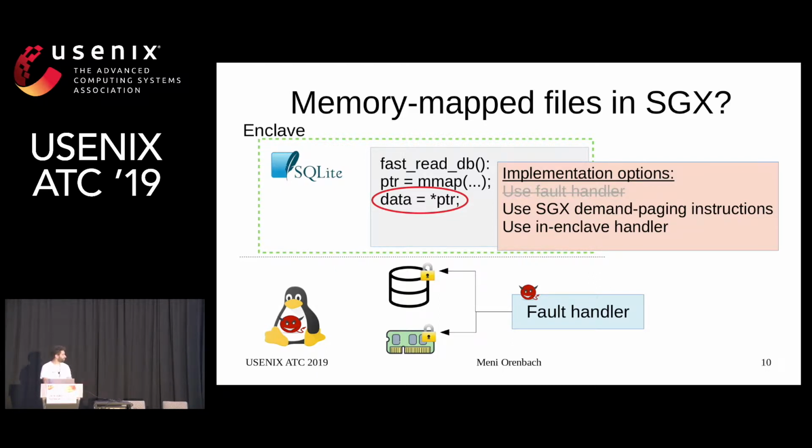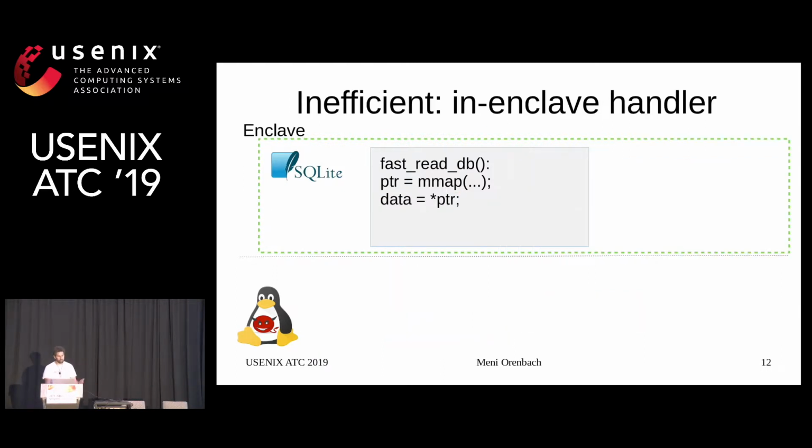We also can't use the available SGX demand paging instructions because they're inflexible. What we can do is try to use an in-enclave handler. Unfortunately, that doesn't work either. The reason is that, first, it's inefficient. Let's take the following example. On each fault, we'll need to first exit the enclave to the operating system.